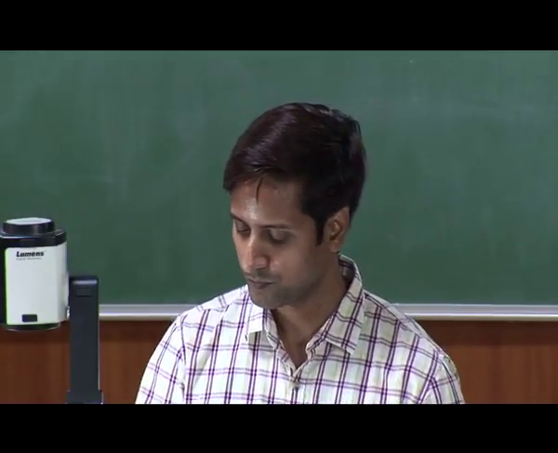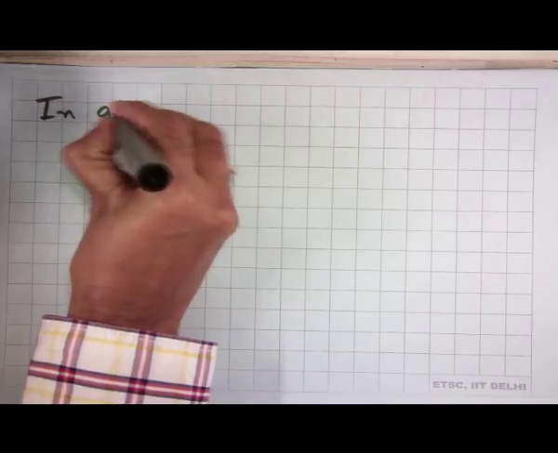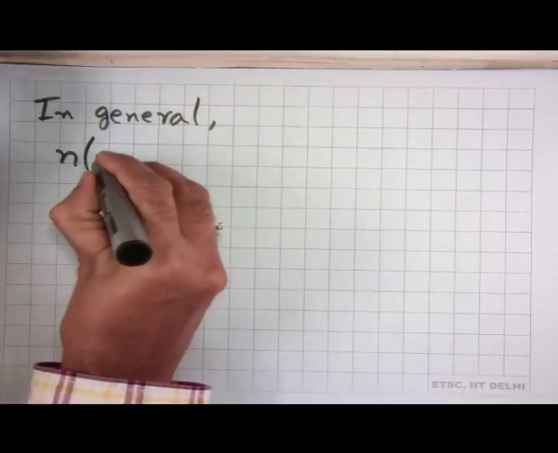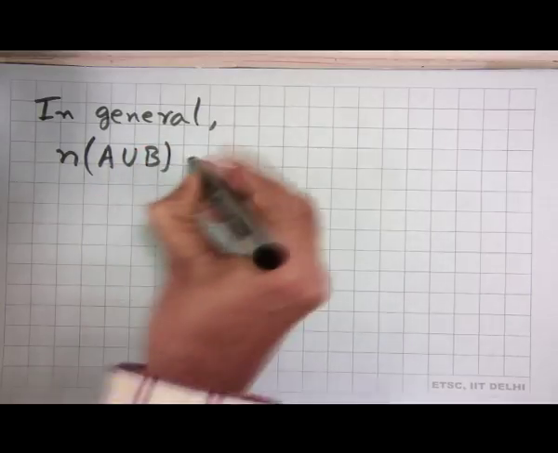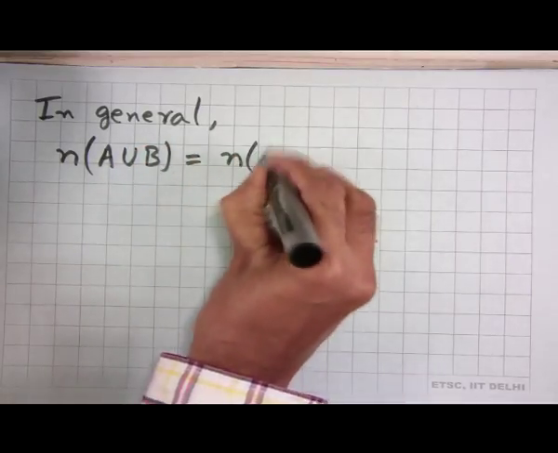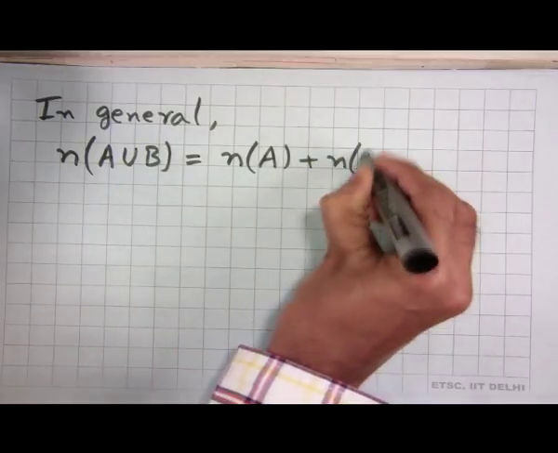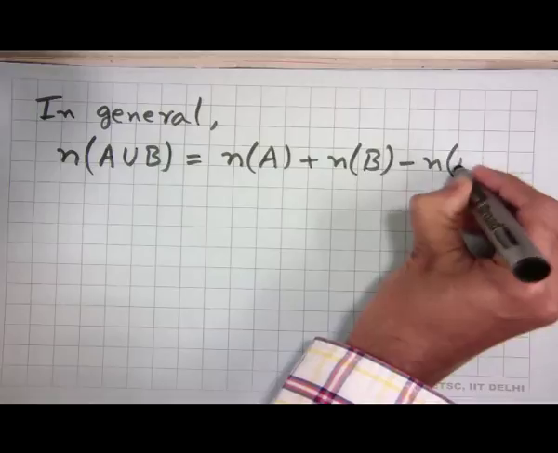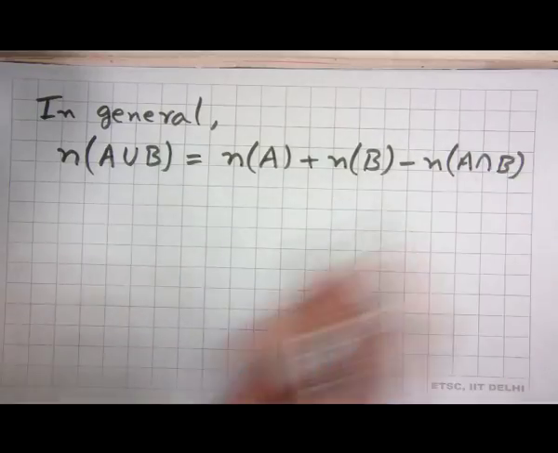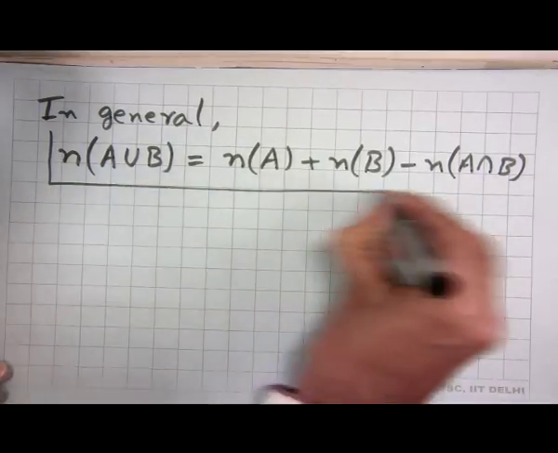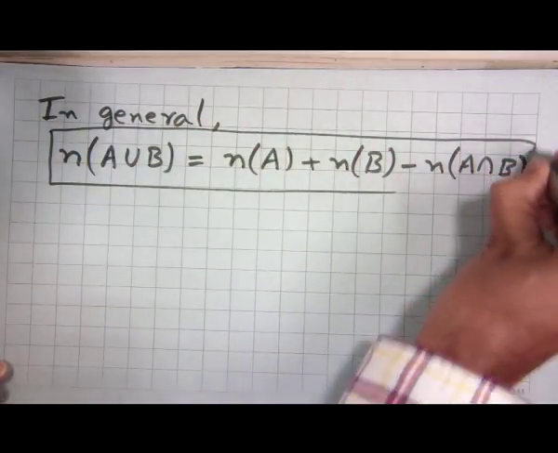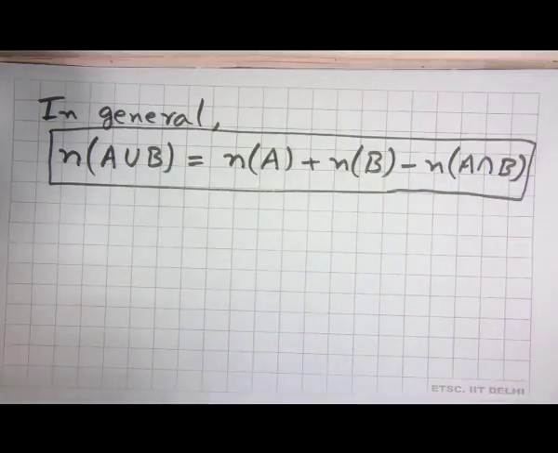So, in general n of A union B is equal to n of A plus n of B minus n of A intersection B. This is a very important formula for the number of elements of the union, which you will find very useful when learning probability. So, let us prove why this is true.